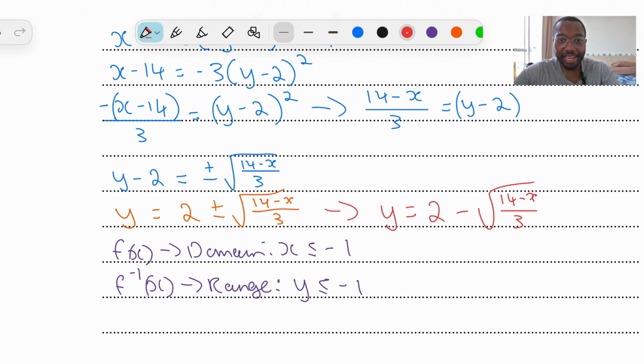The only way to get that is if y is equal to 2 minus the square root of (14 minus x) over 3. That is the only way we can return a negative value, okay? Therefore, it's just y is equal to 2 minus the square root of (14 minus x) over 3. It's the only way we can return a negative value.